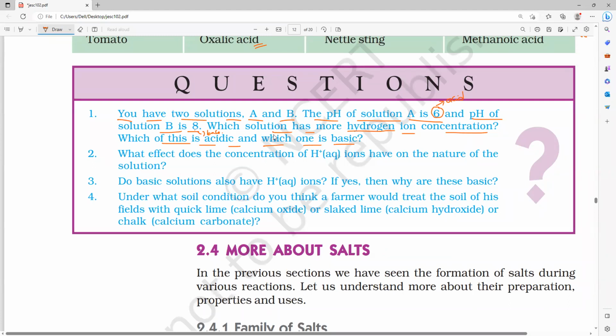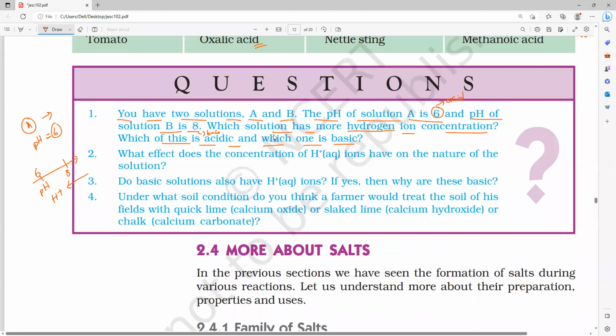For solution A, the pH is equal to 6. Who has the higher H plus ion concentration? We all know that as the pH value increases, the H plus ion concentration decreases. It is opposite. So pH is 6 and pH is 8. Who has more H plus ion concentration? pH 6.